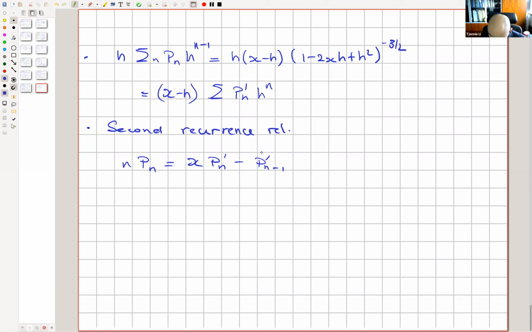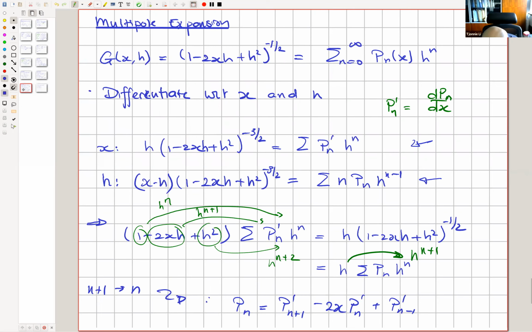Yeah. Okay. This is a lot of algebra. But now I can use the relationship that I found before, I can use this equation over here to get rid of additional terms.